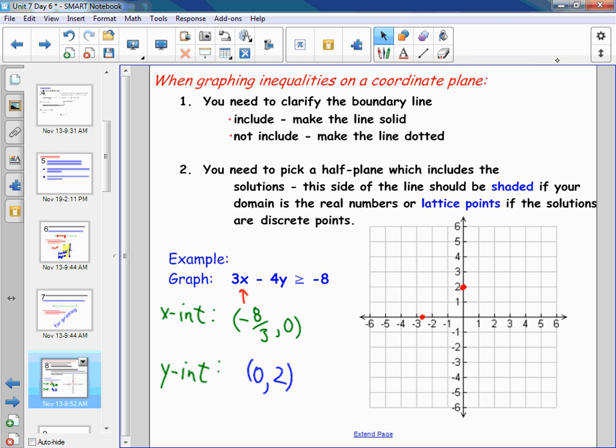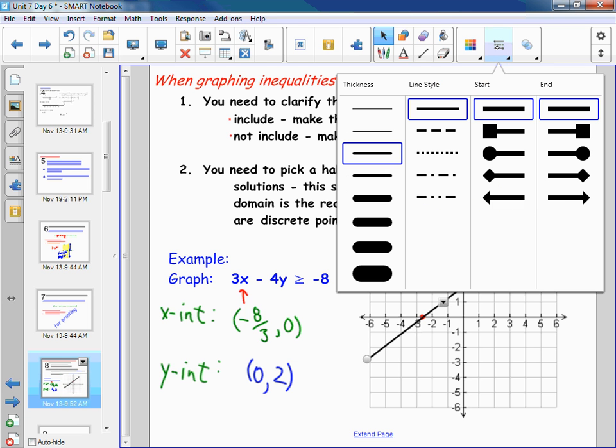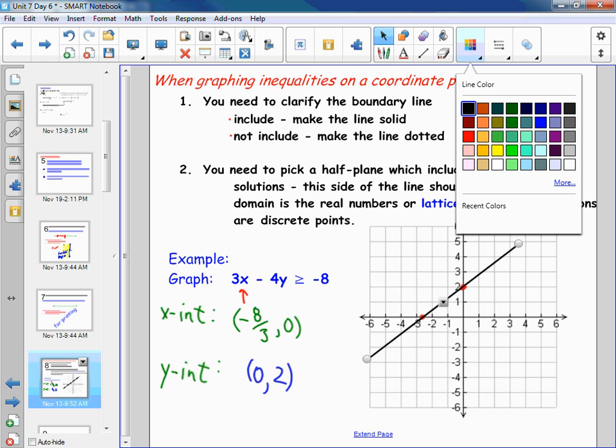So when I draw my line, I'm going to make sure that it's a solid line that connects these points. And it would be pretty sweet if we made this arrow, arrow, and solid, and maybe red.